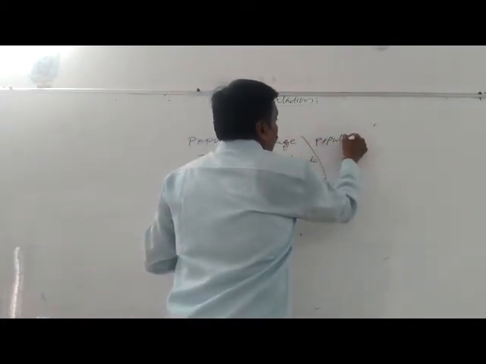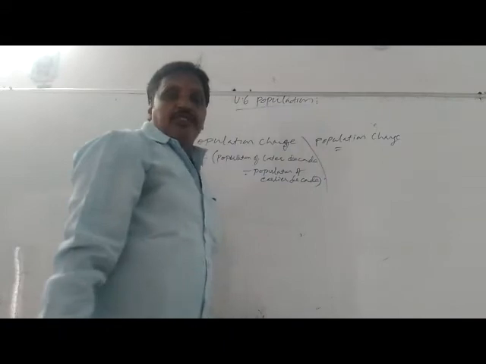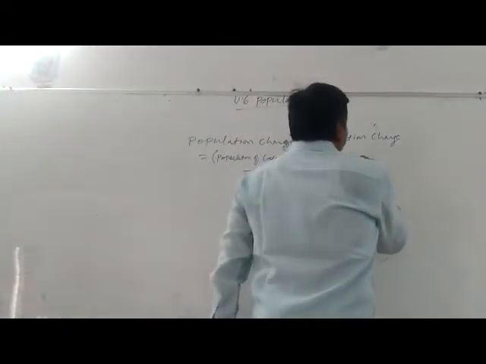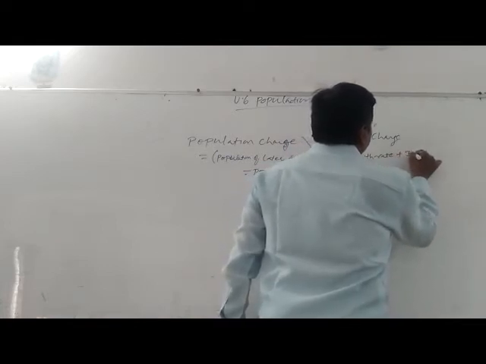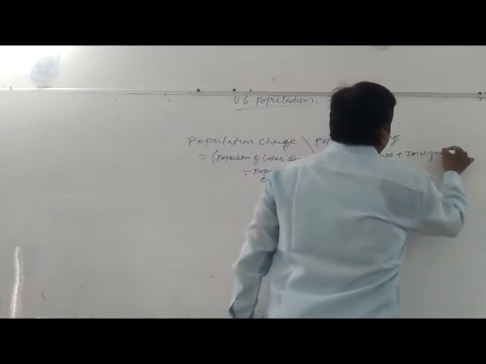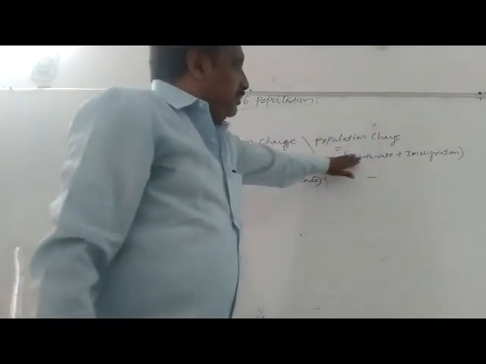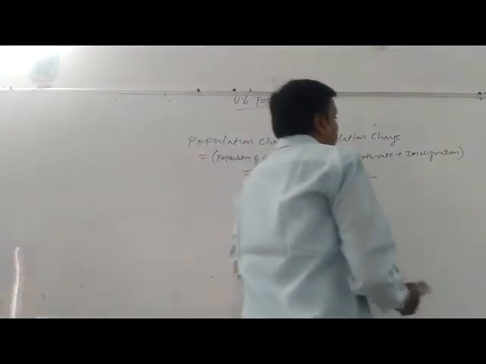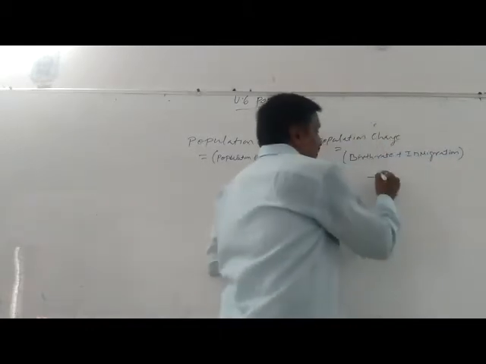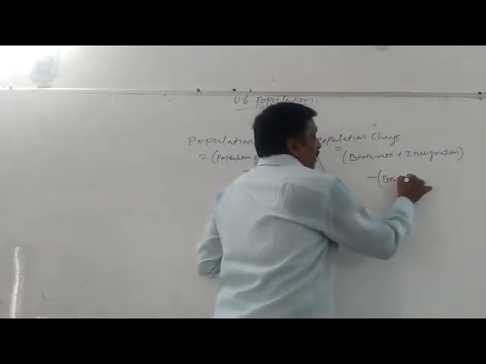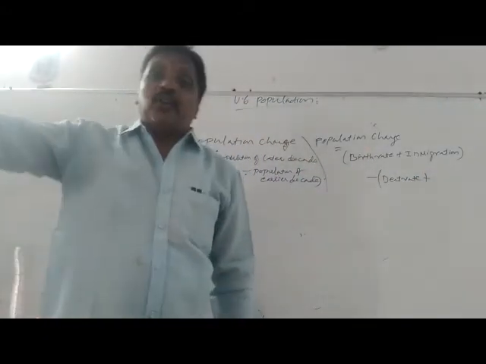Population change is equal to birth rate plus immigration, meaning people coming from different parts of the world, minus death rate, the rate of people who died, plus out migration, those who went out from this country to other parts of the world.